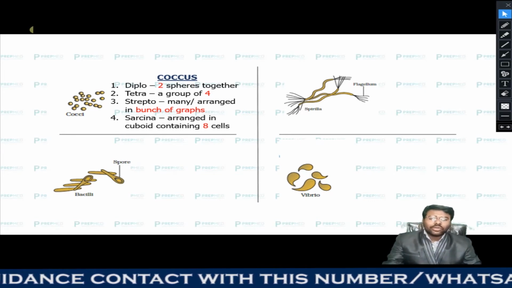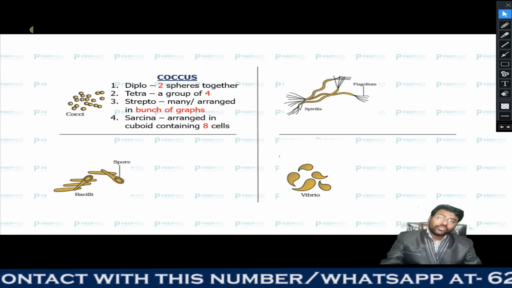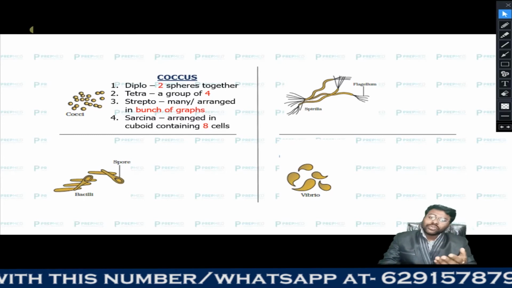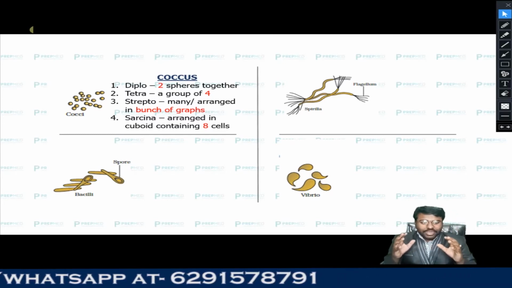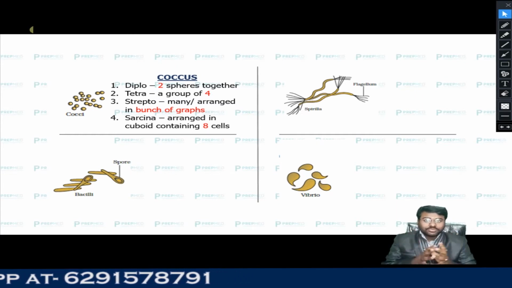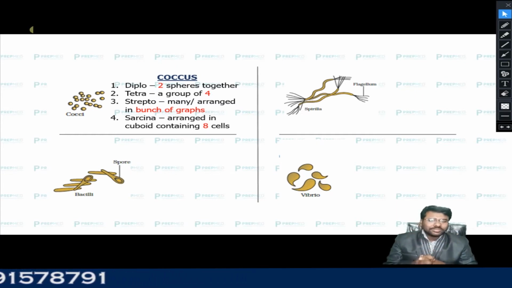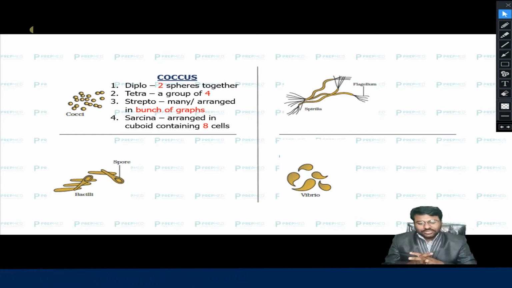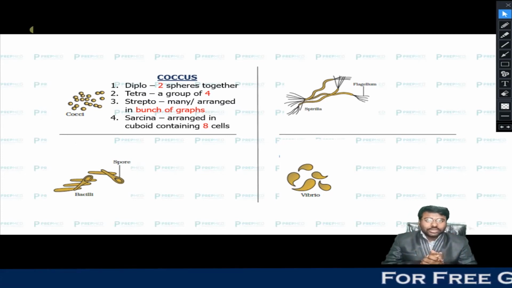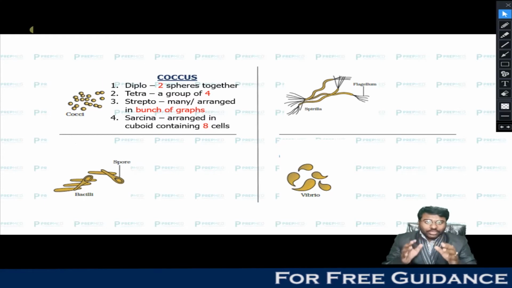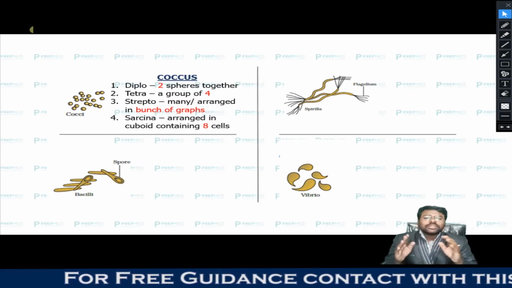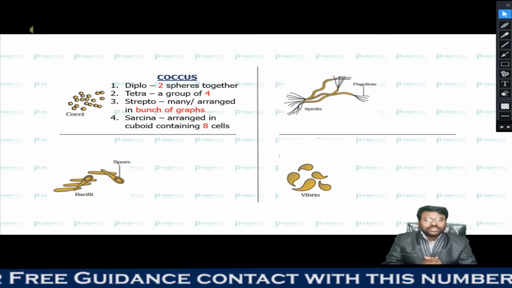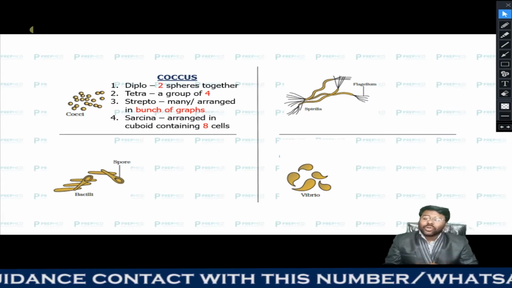Tetracoccus is when the sphere number is 4. Streptococcus is when there are many cocci arranged like a branch of grapes, and Sarcina is mainly a cuboid structure. As you know from chemistry, in a cube there are 8 corners, so in the cuboid structure of Sarcina there are 8 cells or 8 cocci present.